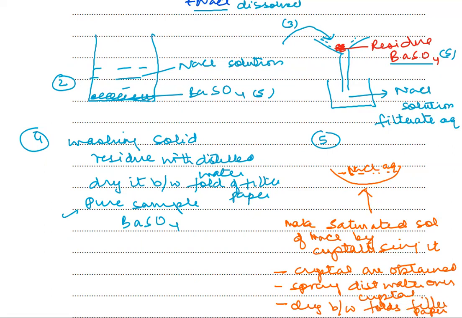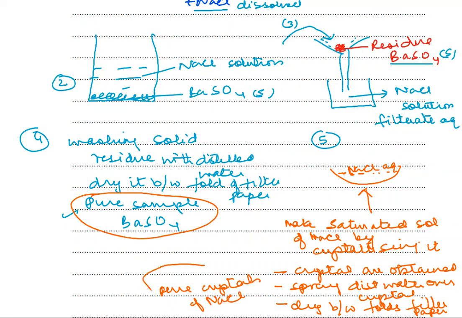Right? So this is how we will be obtaining the pure sample of barium sulfate, and we will be getting the pure crystals of sodium chloride. So these are the steps which we will be including in the method.